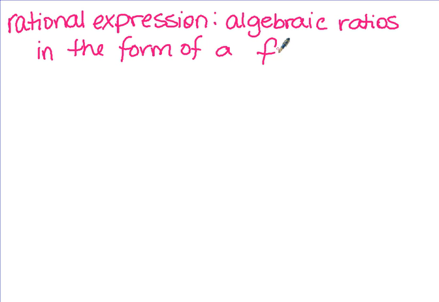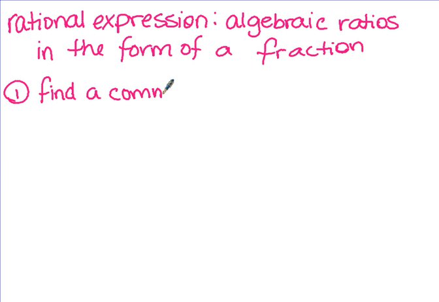And today we're going to talk about how to combine them. All right, so we're going to be combining rational expressions by addition. All right, so we need to follow a couple steps in doing this. We need to find a common denominator. Once we've found a common denominator, we need to determine new numerators.